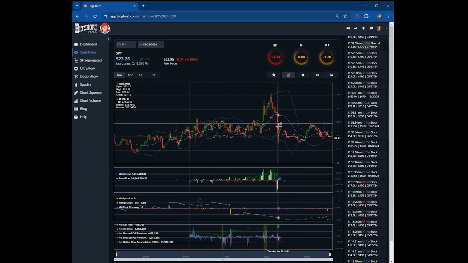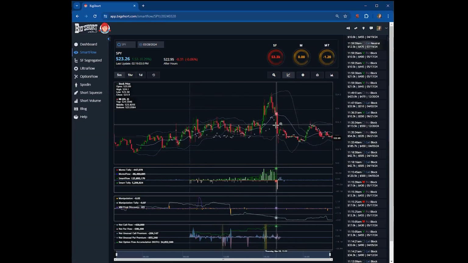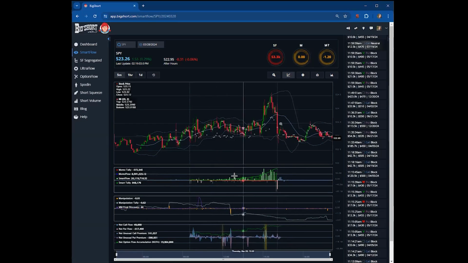But we have this one large one here, and when I hover over that, we can see the volume of this one is 13 million. So it's much larger than these, and we visualize it much larger on the chart. Any questions on dark pool prints before I move on to SmartFlow?